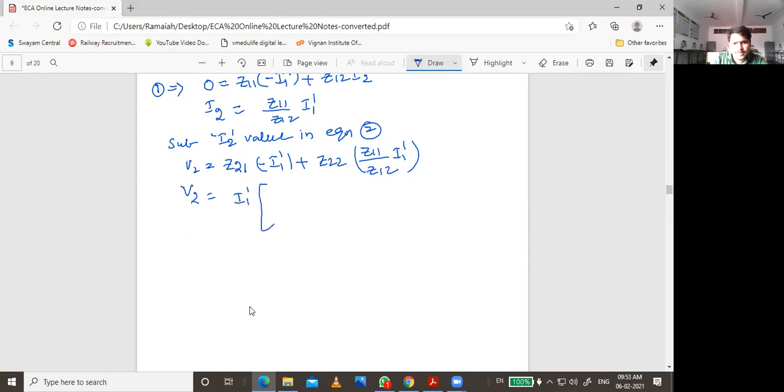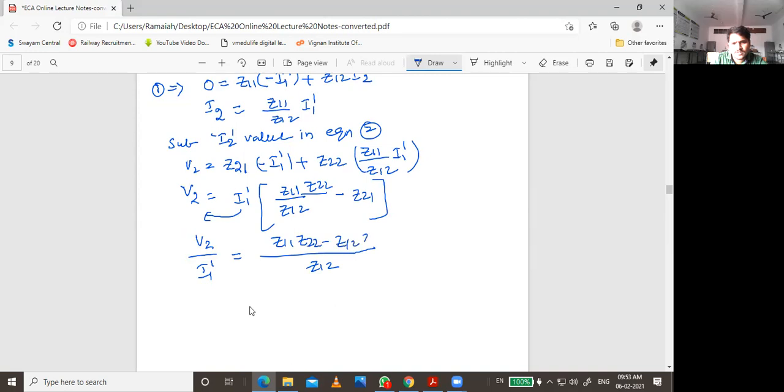So first I am writing this positive value Z11 Z22 by Z12 minus Z21. Now I bring this I1 dash to the LHS side. So V2 by I1 dash is equal to what? Z12 is the LCM. So Z11 Z22 minus Z12 Z21 by Z12. Equation number 5.